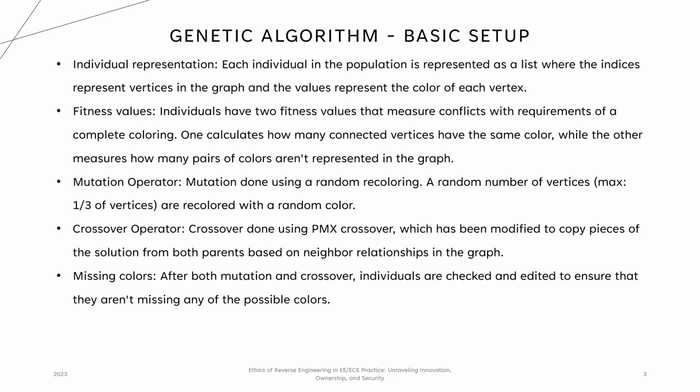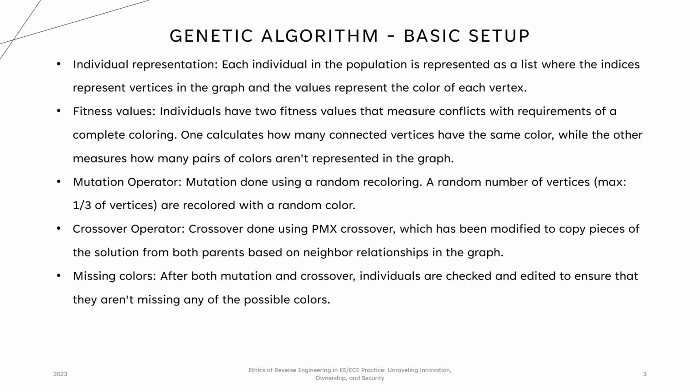So now that the problem has been defined, I want to take a second to talk about the basic setup of the genetic algorithm being used. Individuals for this problem are represented as a list, and the indices of that list are vertices in the graph, and the values for each index represent the color of that vertex.